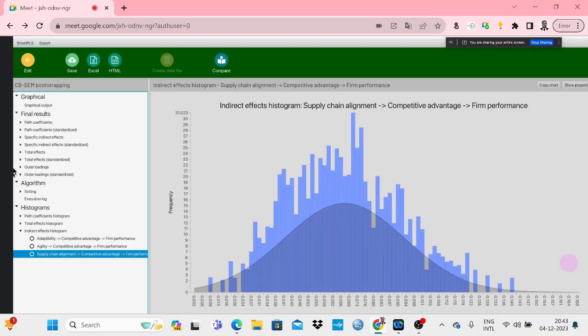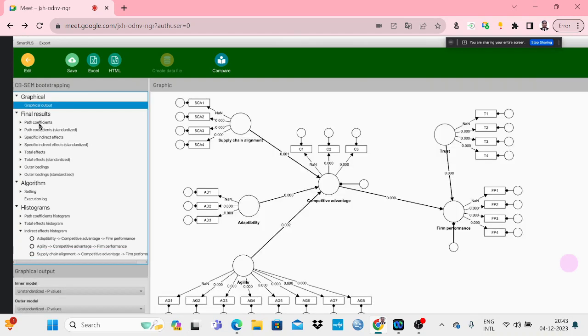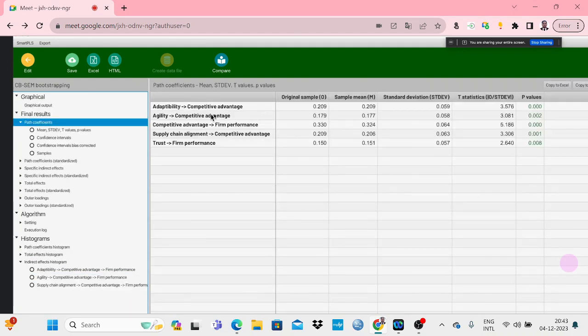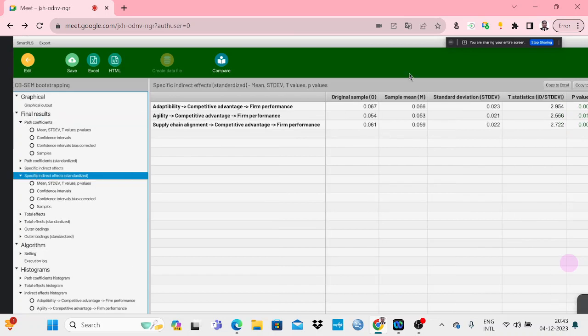Secondly, when we run this model for the causal effects, we can see that all the path coefficients are getting very good values, the p-values are highly significant, and the indirect effects are also significant. That means our model is fitting the theory.